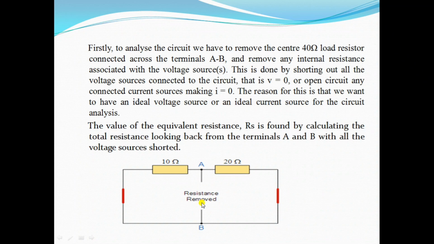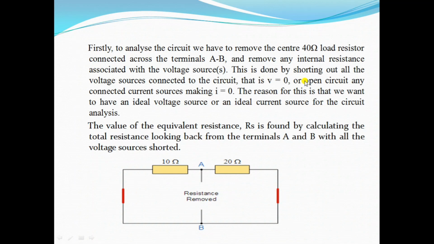So first, you can look at the circuit here. I have to remove the load resistor, that is RL 40 ohm resistor across the terminals A and B, and remove any internal resistance associated with the voltage source.